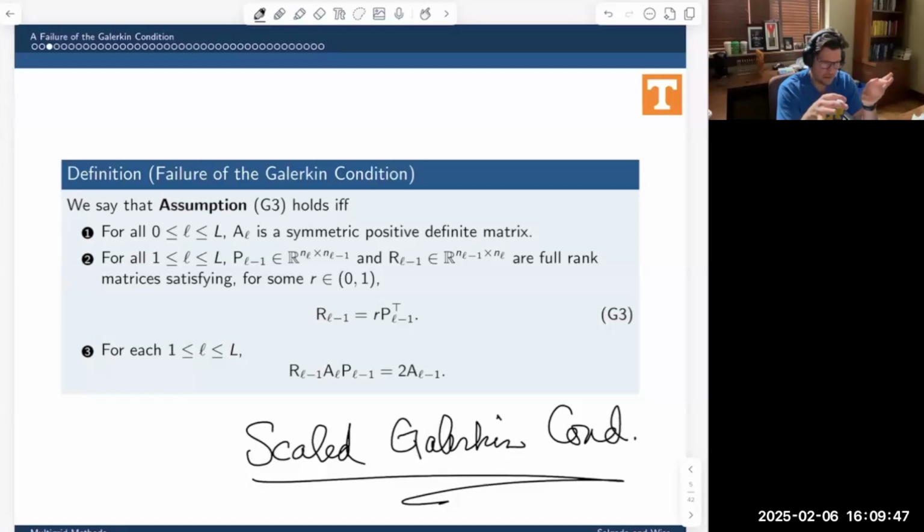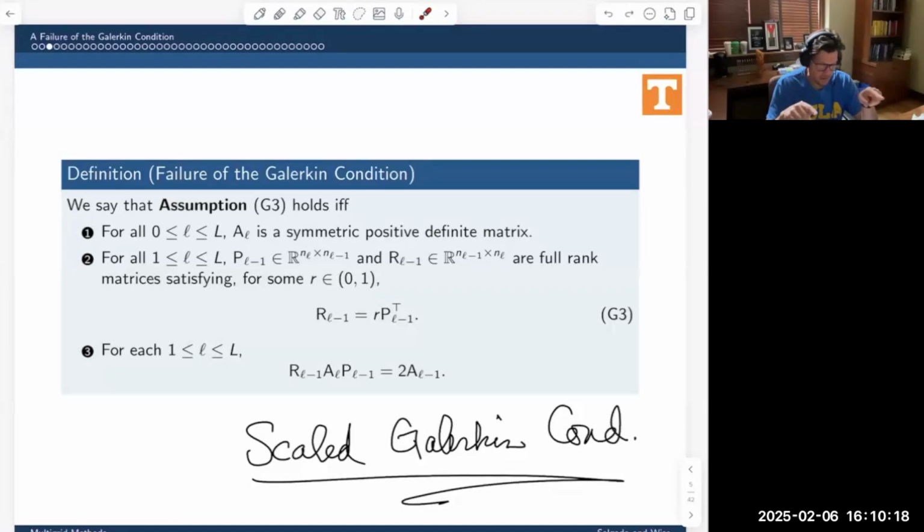And in the standard Galerkin condition, the restriction is the transpose of the prolongation. Here, we're going to break that. We're going to have them related to each other, but not exactly a balanced pair. They're sort of balanced because the restriction is equal to the prolongation, but with a weighting constant r, which is between 0 and 1.